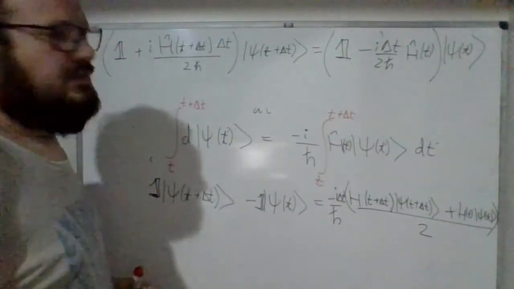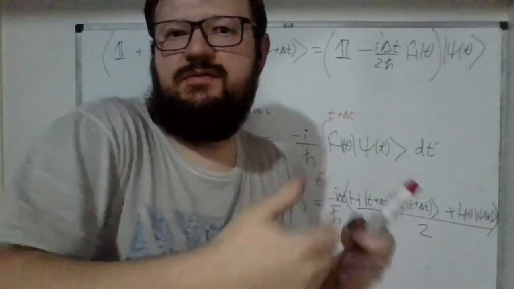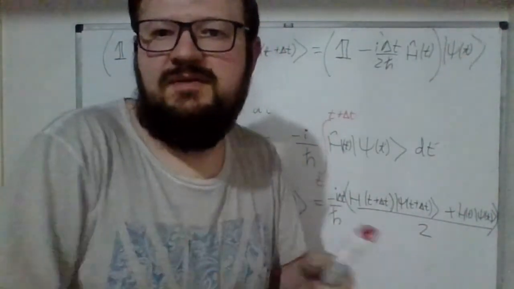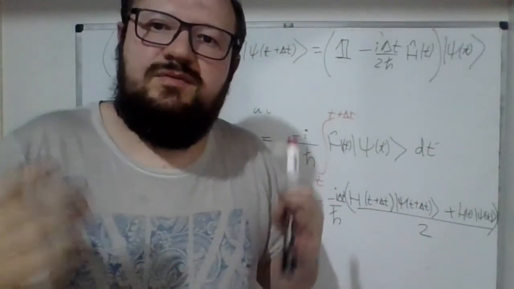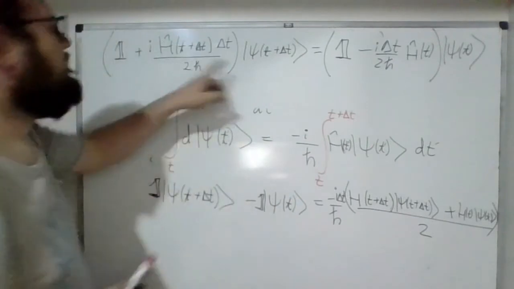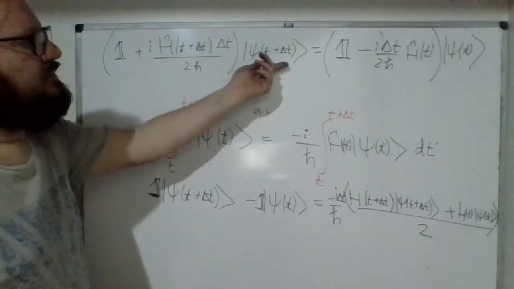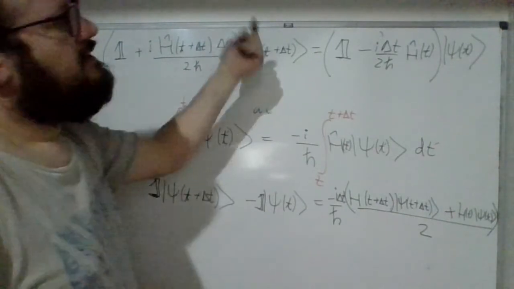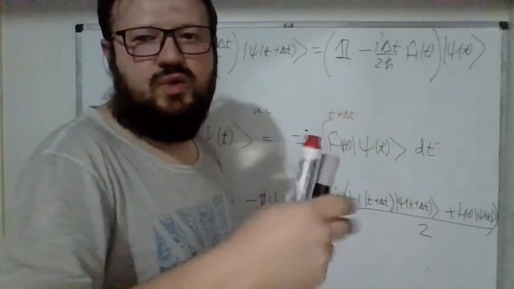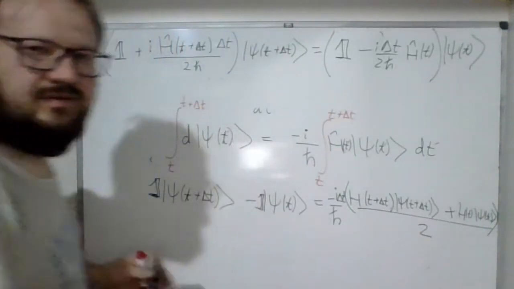Okay, so it's a recursive method. It's a propagating method where we start with the function at time t equal to 0, and we calculate the function at time t equals delta t. And then we have the function at delta t. We calculate at twice the delta t, and so on and so forth. So this is a numerical method.